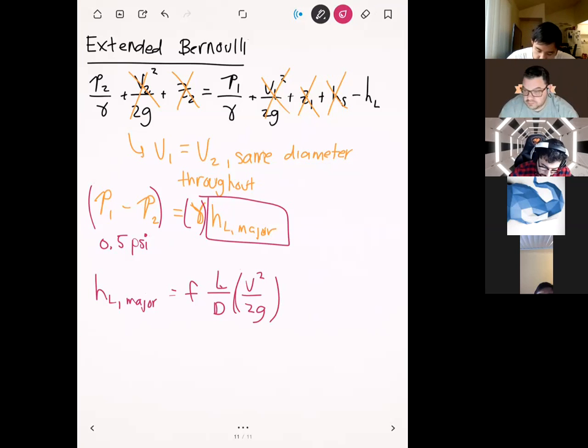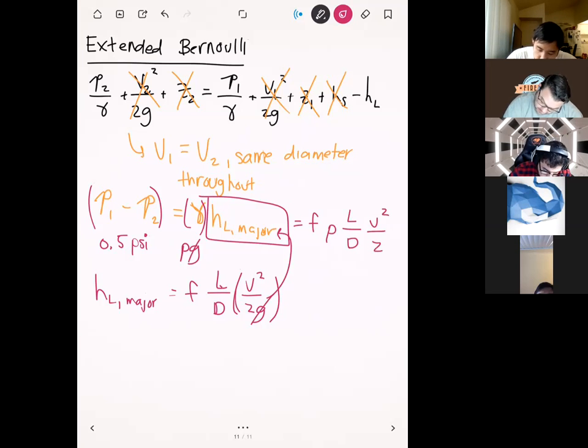And so we plug this back in up here, and then we use the fact that gamma is equal to rho times G. And so this gravity and this gravity are going to cancel out. And so what we get is P1 minus P2 is equal to F times rho times L over D times V squared over 2.